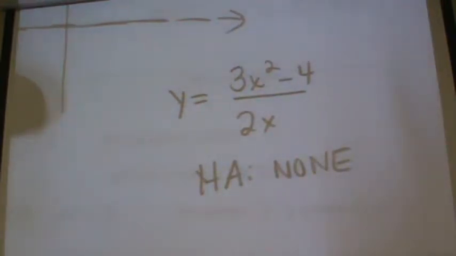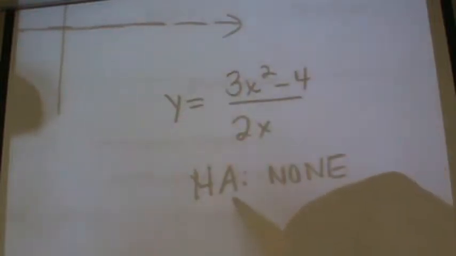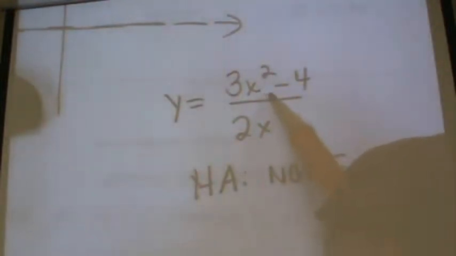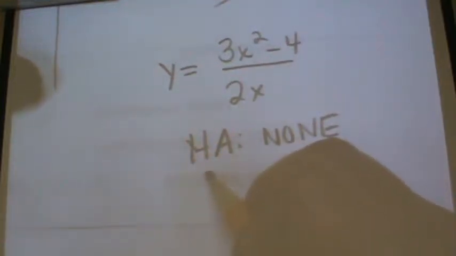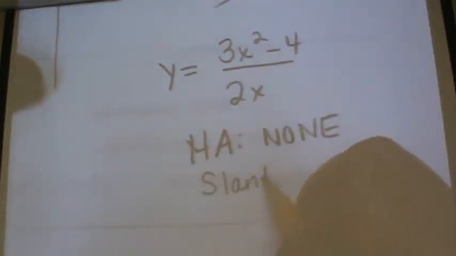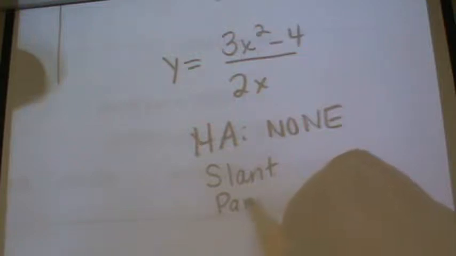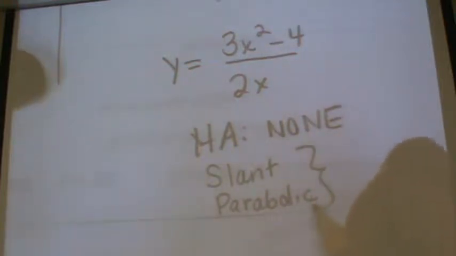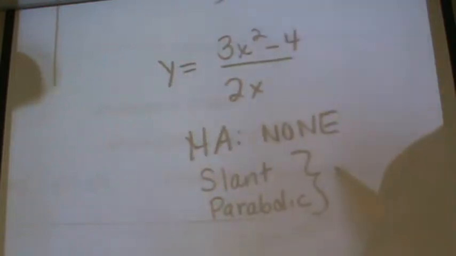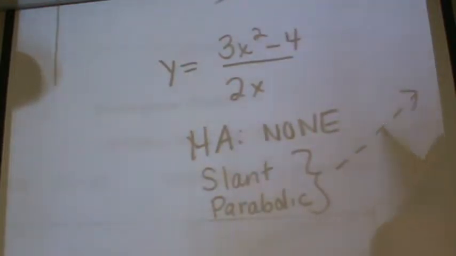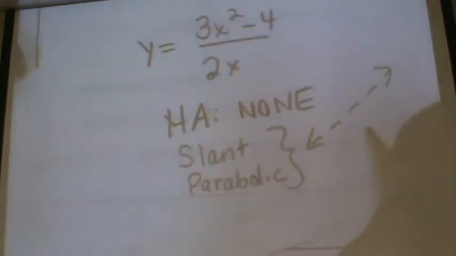Now, if you were sitting in my second or third hour class and it was pre-calc, there are two other asymptotes. If it's top heavy, we have a slant asymptote and a parabolic asymptote. We are not going to learn this in this class. But in pre-calc, a slant asymptote is a line, and a parabolic one is a parabola.